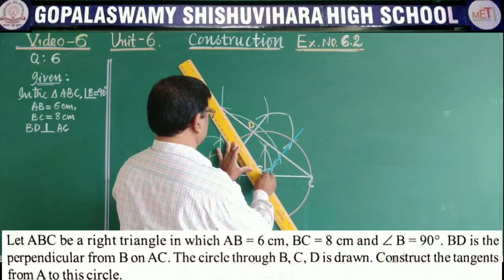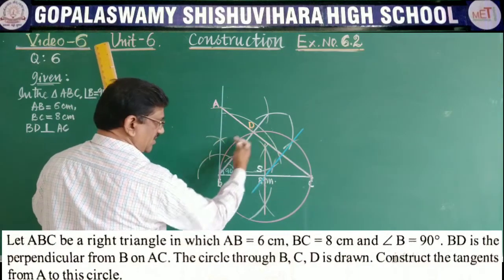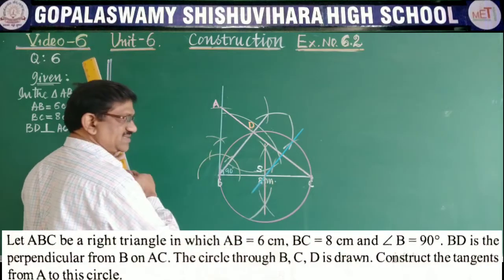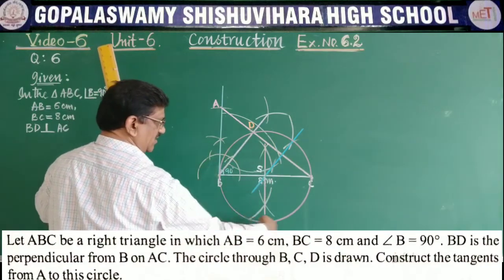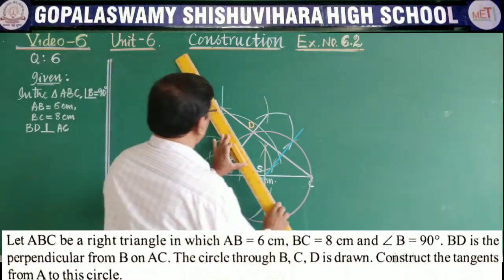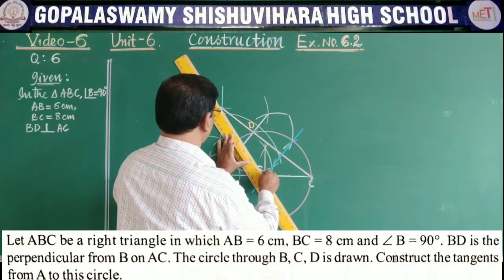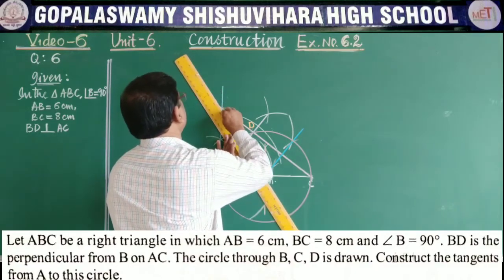Imagine that S is the center of the circle, and A is an external point. For this circle, you have to construct tangents from A. For that, join AS, children.